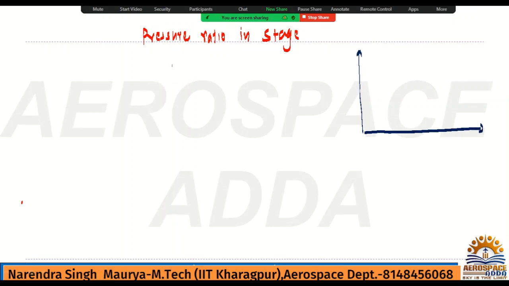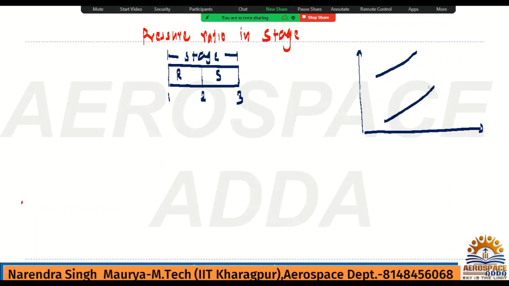If you go for the stage, so stage means what? This is stage 1, 2 and 3. This is rotor and this is stator. So I can draw two pressure lines, okay, and this is T and this is S. You know how to draw, because in jet propulsion I had drawn many times.